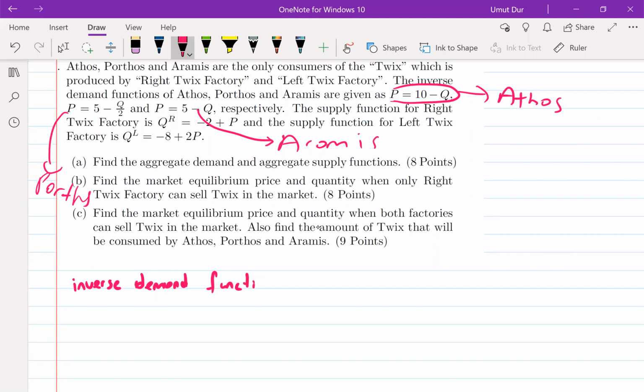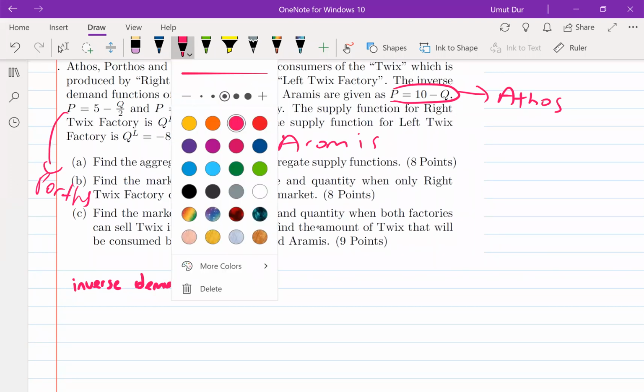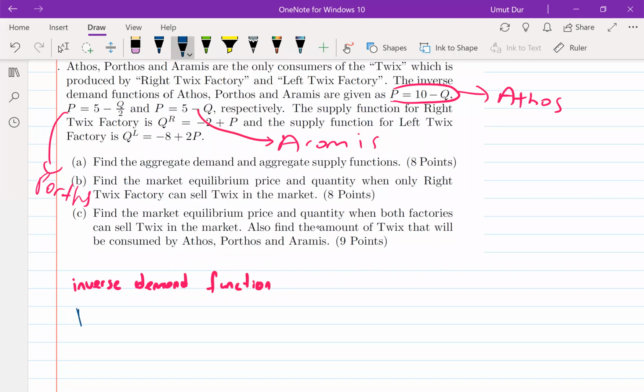So if you remember, how did we define the demand function? The demand function was defined as Q is equal to A minus BP. Okay, so this was the demand function. So for the inverse demand, we are writing P as a function of Q. Okay, so this is the quantity demanded.